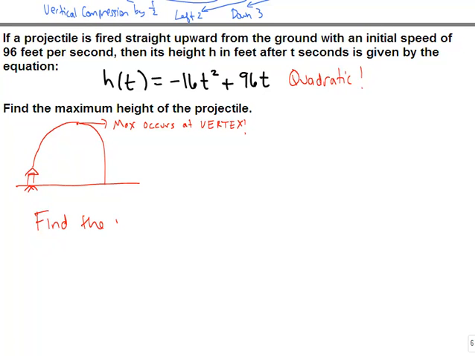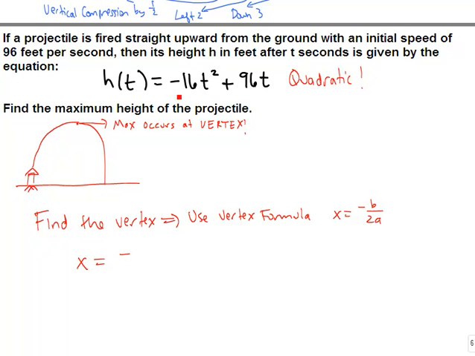And the way to do that, because this is not in that vertex form, we need to use the vertex formula. And remember, the vertex formula says that x equals minus b over 2a. So in this problem, that means x is going to be minus b. What's b up here?